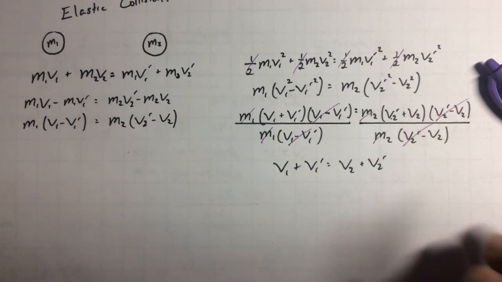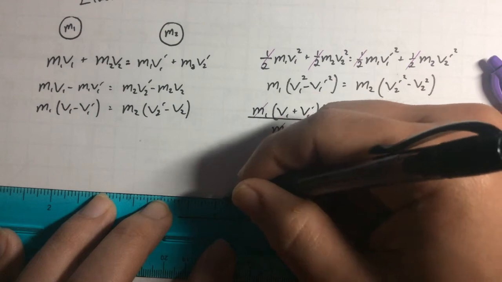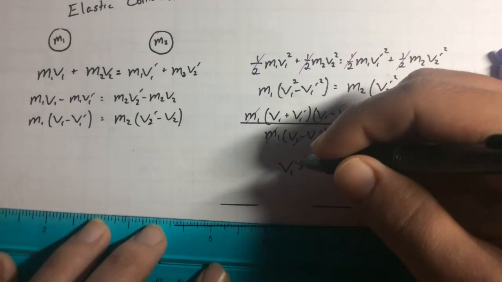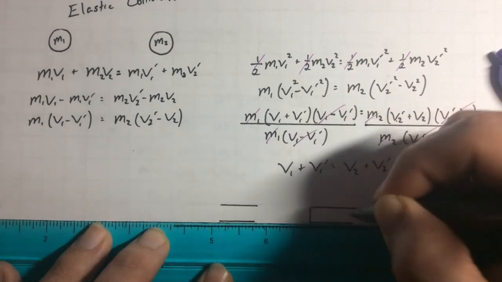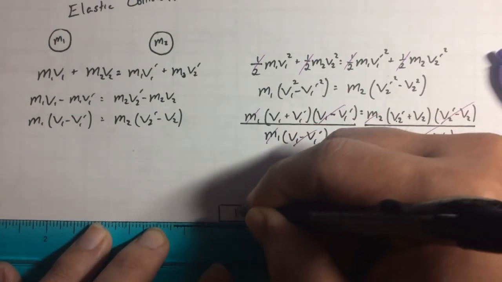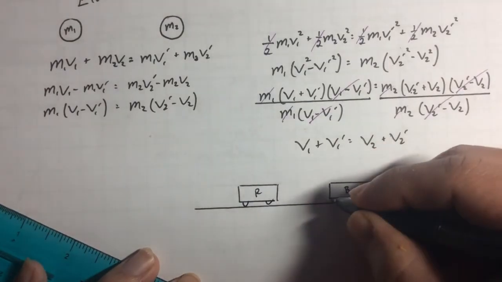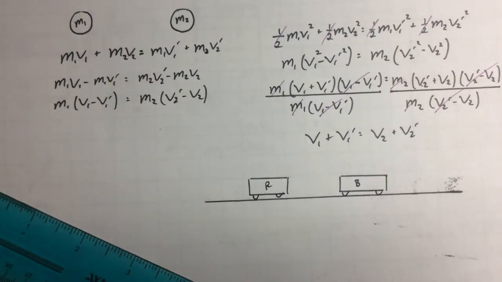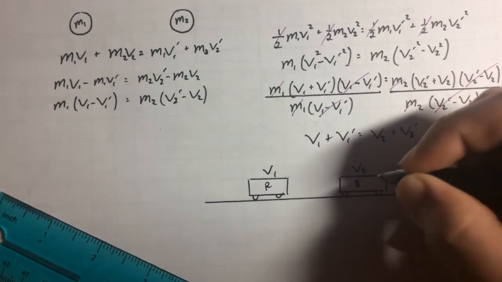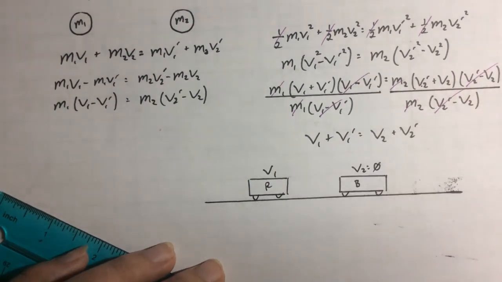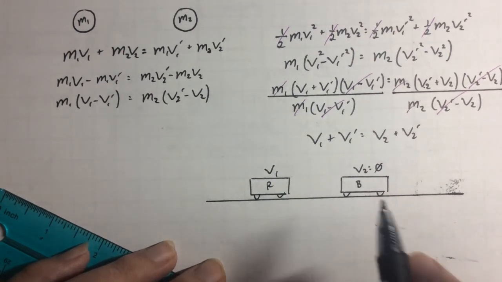And we can just do a simple test of that and say we got those two red and blue Pasco cars that we use, and if we have them unmasked and we roll one into the other, let's say this is the red one, this is the blue one, and they're the same mass since they're unmasked, and if that red one comes in with some incoming velocity v1 and this blue one has some velocity v2, but let's say that it's currently 0, we know that when the red car comes in and hits the blue car, the red car should stop and the blue car should go.